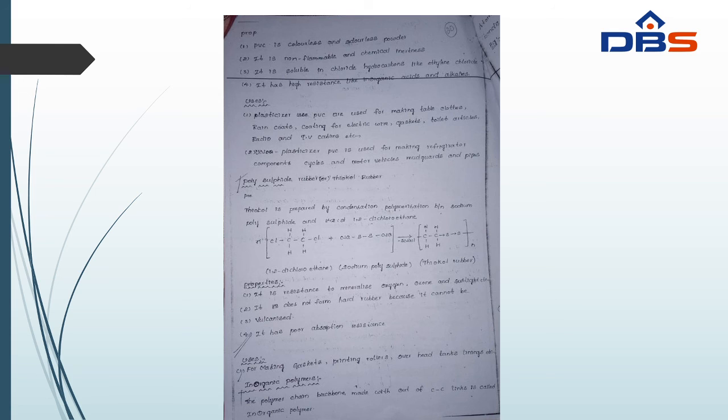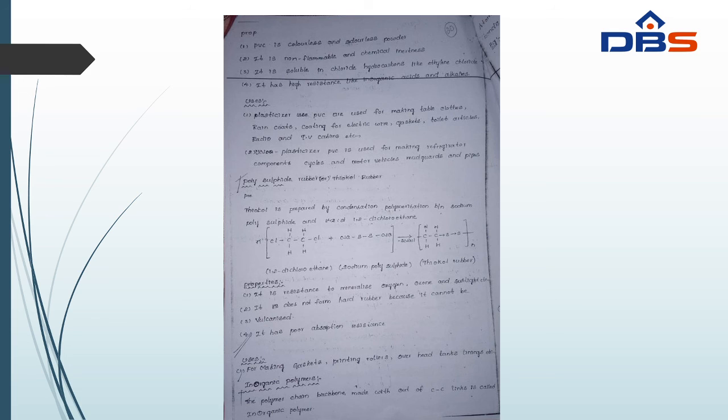That is it. So today I explained: first, natural rubber, the process of natural rubber, and natural rubber classification, namely crude rubber, creeper rubber, smoked rubber. Another one is conducting polymers. Then elastomers, which are synthetic rubbers: Buna-N rubber, Buna-S rubber, and polyurethane rubber.